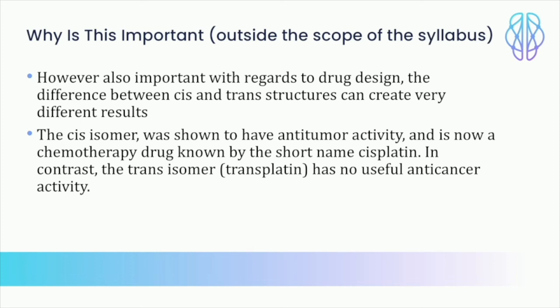And this is best shown by the drug cisplatin, which is an anti-cancer drug. The trans isomer, which we call transplatin, has absolutely no efficacy, it has no anti-cancer properties, but the cisplatin does. So that shows that when we're discovering drugs, we need to kind of filter out that cis or trans for whichever one works best with the body, the receptor, and what it's trying to actually do in the body.